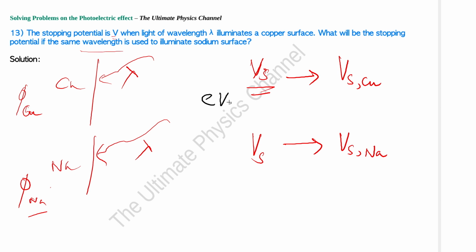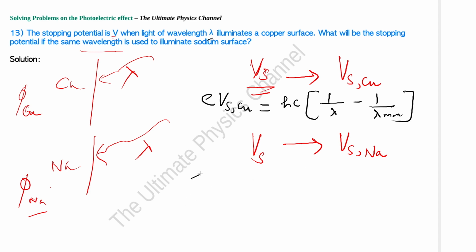eVs comma Cu, for the copper case, is equal to, in terms of wavelength, hc times 1 over lambda minus 1 over lambda max.